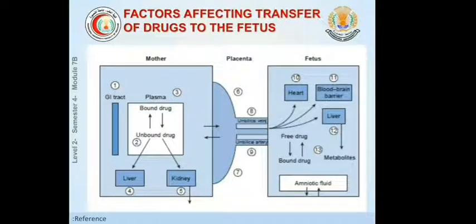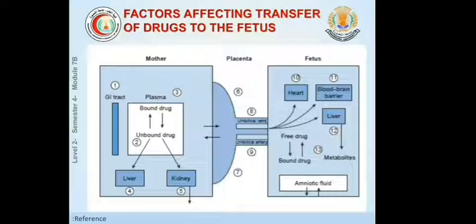These figures show the drug dispositions in the maternal-fetal-placental system. Number 1, they can summarize the factors affecting the transfer of drugs to the fetus.